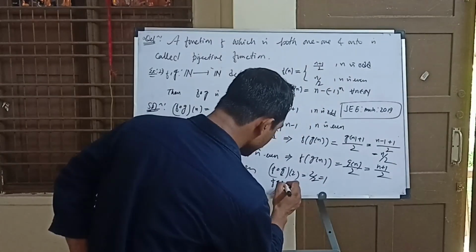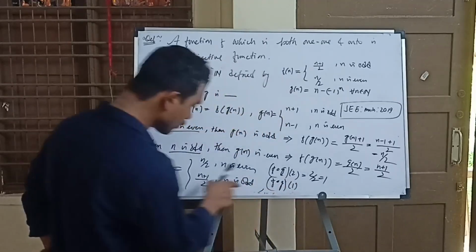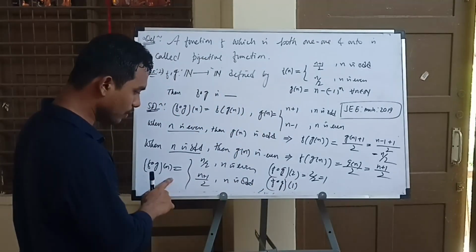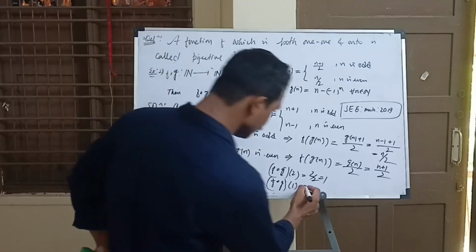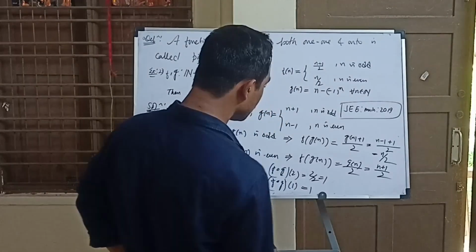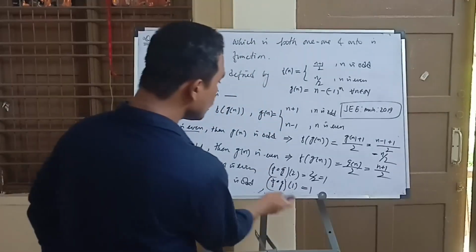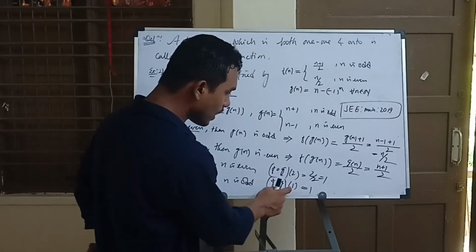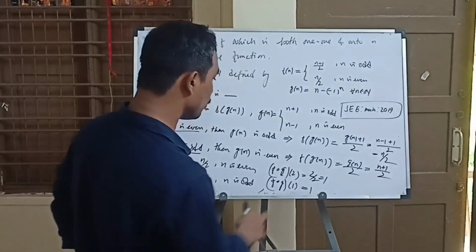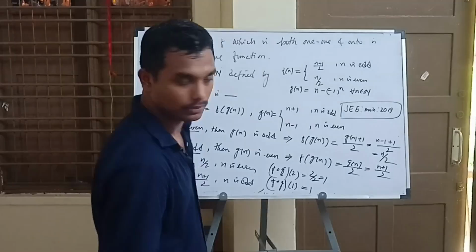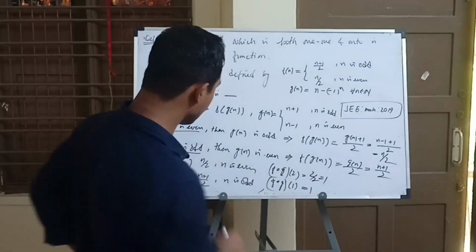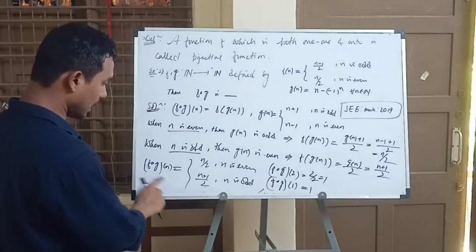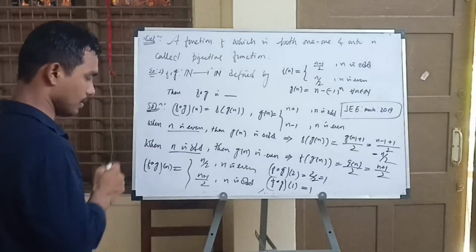For f composition g of 1, which is odd, the value is 1 plus 1 by 2, that is also 1. That means the image of 2 and the image of 1 are the same, but 1 is not equal to 2, correct? They are not distinct. So f composition g is not 1-1.